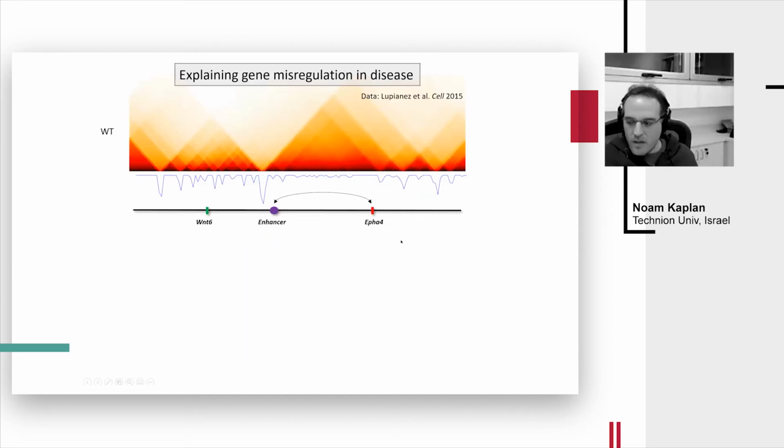Okay, another thing you want to do with the model is predict gene misregulation, or how the genome organization changes, and how that would lead to gene misregulation.